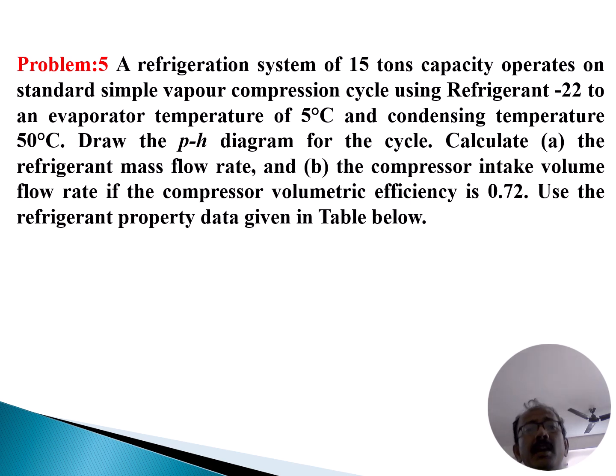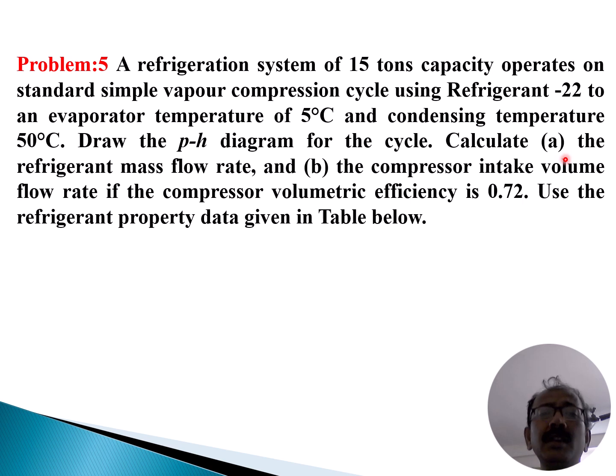Now problem number 5. A refrigeration system of 15-ton capacity operates on a standard simple vapor compression cycle using refrigerant R-22, with an evaporator temperature of 5 degrees centigrade and a condensing temperature of 50 degrees centigrade. Draw the p-h diagram for the cycle.